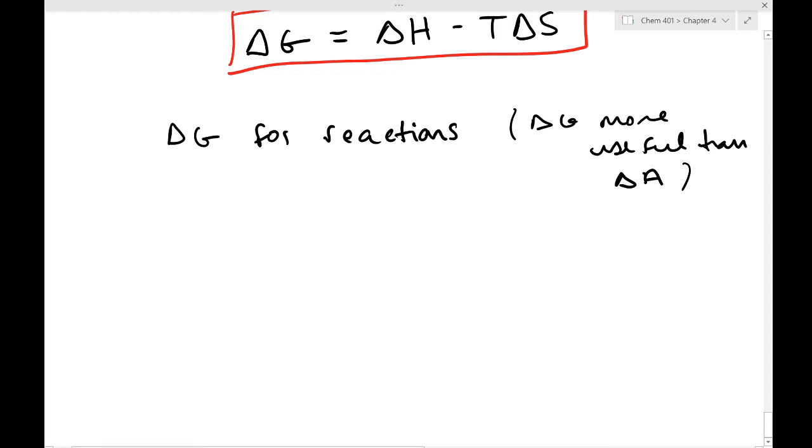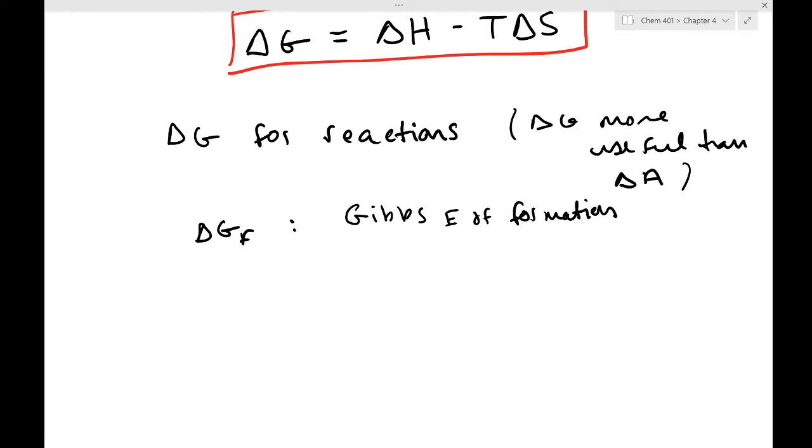We can define a delta G formation, or delta GF, and this is the Gibbs energy of formation. It's similar to delta HF, which is the enthalpy of formation. We can also define delta GF0, the Gibbs energy of formation in standard form.